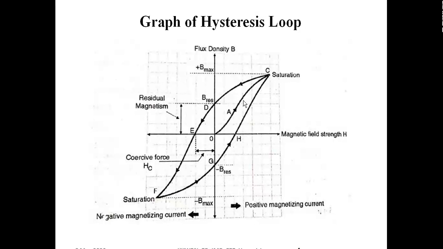Now after this point B, if you further decrease the current but in the reverse direction, then we'll get the point D on the graph, then point E. Look at the point E. The point E on the graph is the point where the magnetic flux density is 0 and there is a certain amount of magnetic field strength or magnetization force.